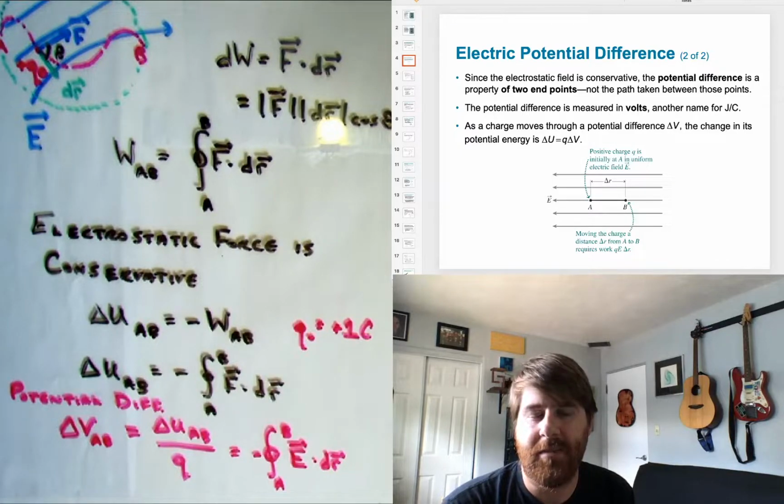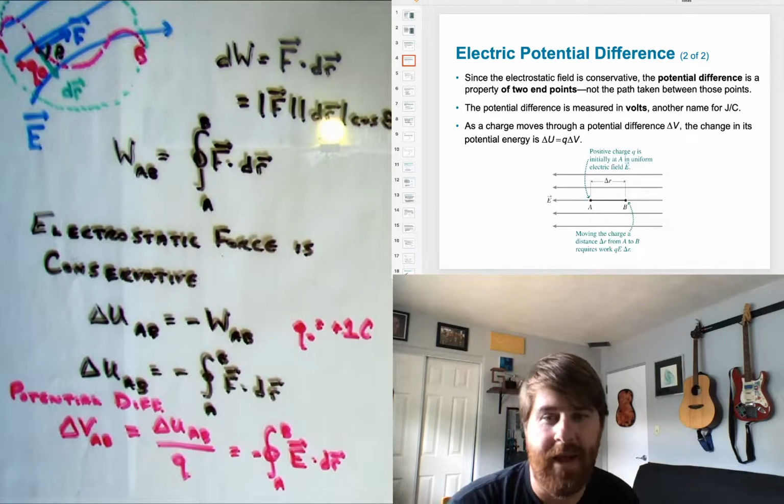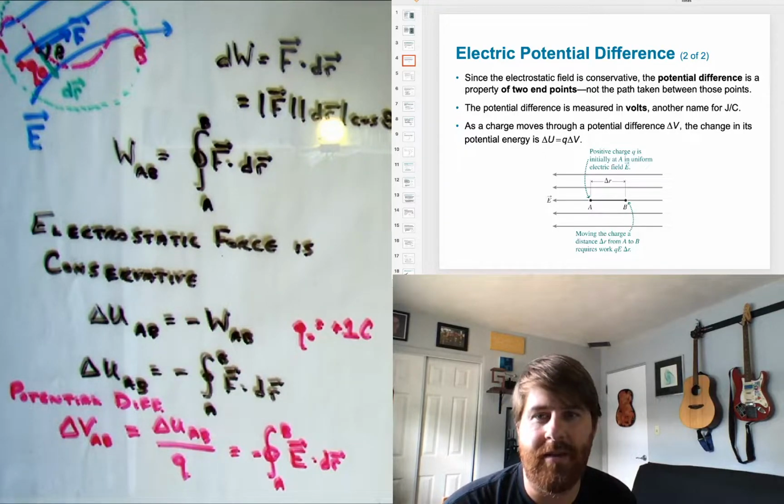Have I increased the potential energy or decreased the potential energy? In this case, I did work against the electric field. The electric field wants to move the charge from B to A, not from A to B. So that means that the electric field did negative work, and I increased the potential energy.